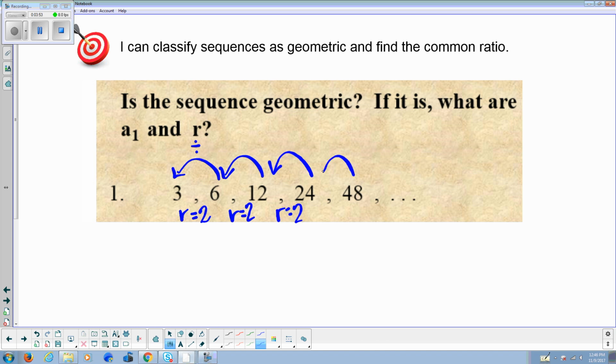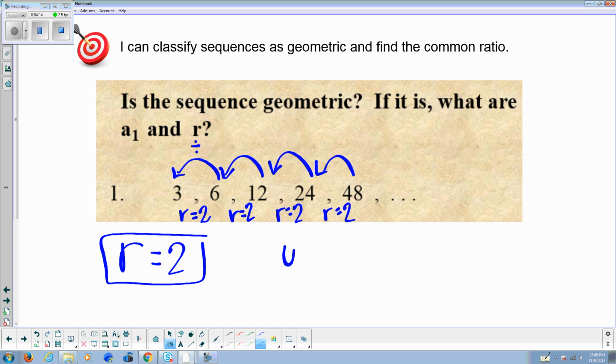And one last time, 48 divided by 24 is also 2. So you'll notice here that we have this common ratio R, which is 2. That is the number that we multiply by to get the next term of the sequence.